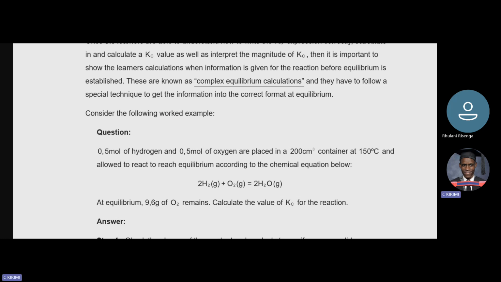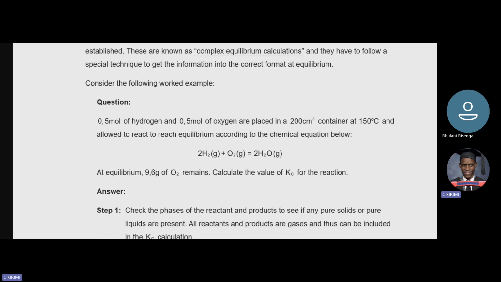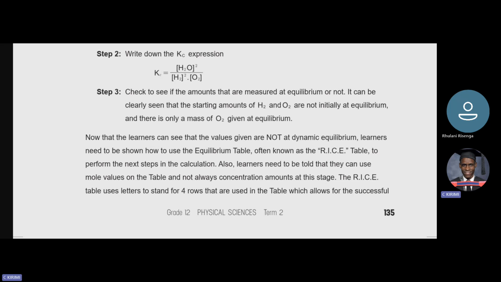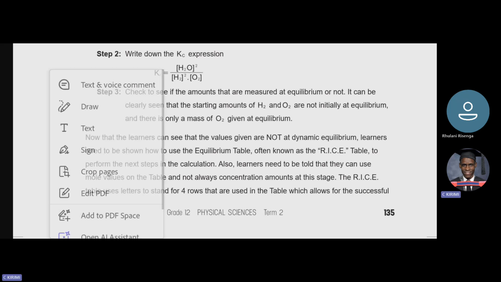Are we agreeing? Yes. Roland. So your Kc value which you obtained before we go and rectify, let's see what Kc are you getting.